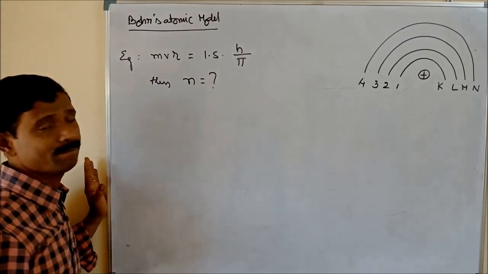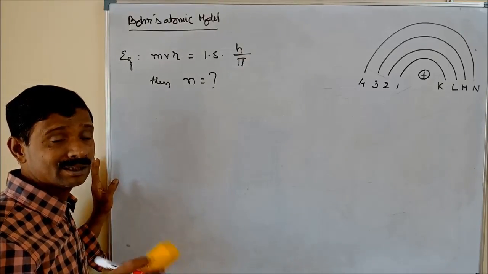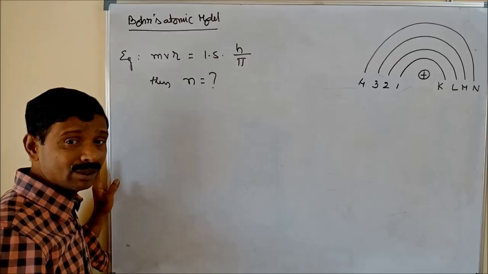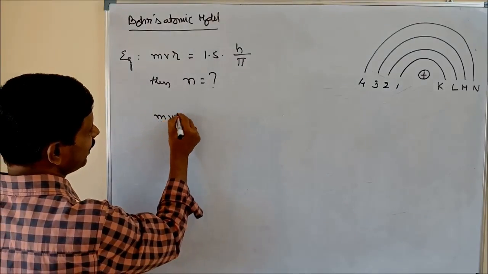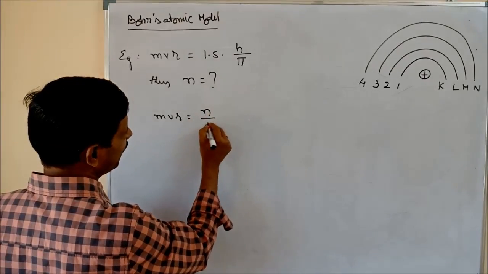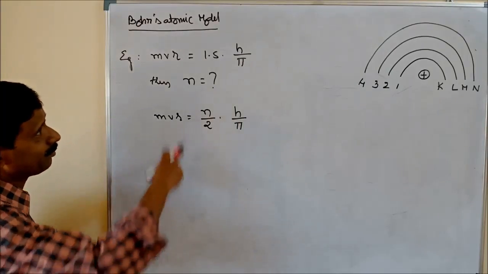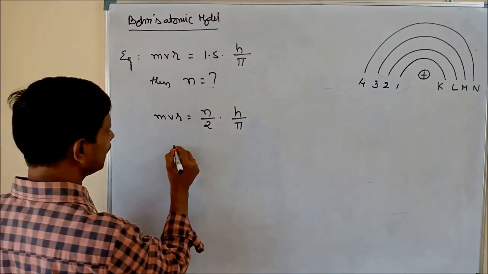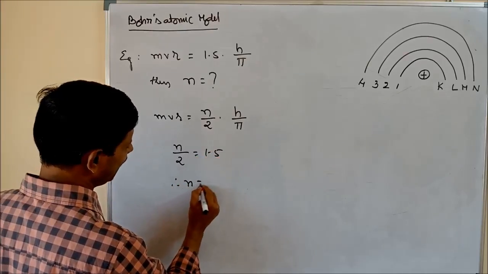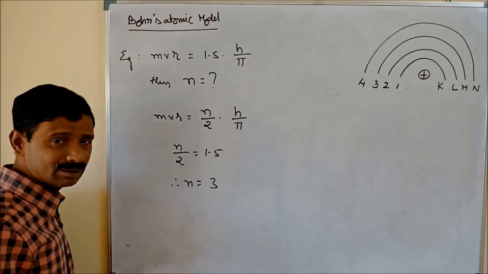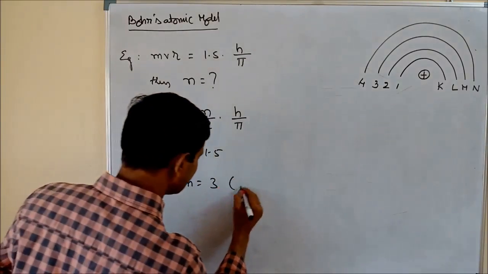Now see that question. Already I gave two formulas. One is mvr equal to n into h by 2 pi, and another one is n by 2 into h by pi. Now it is in this form, that means mvr equal to n by 2 into h by pi. If we compare the two expressions, n by 2 equals 1.5, therefore n equals 3. That means that electron is present in the third orbit or M shell.